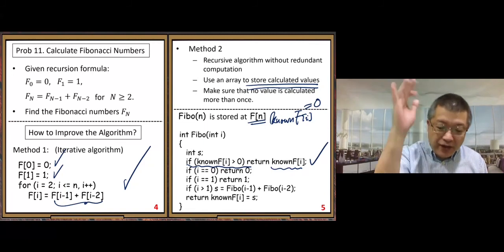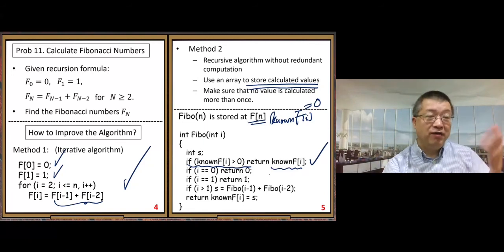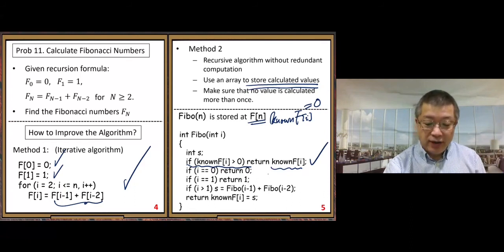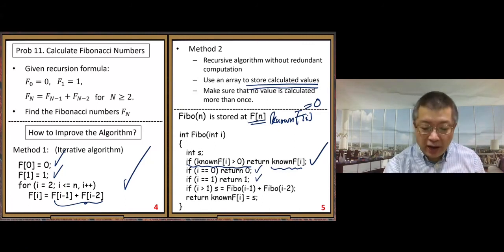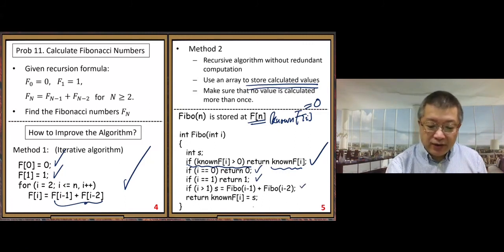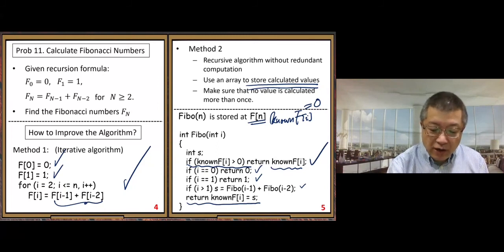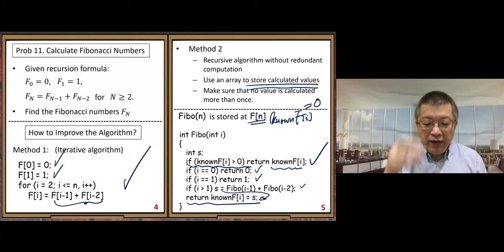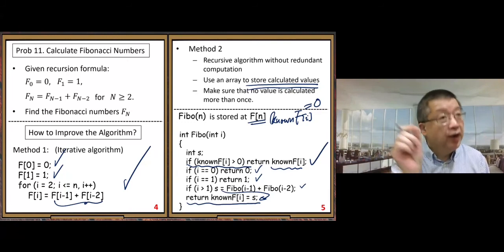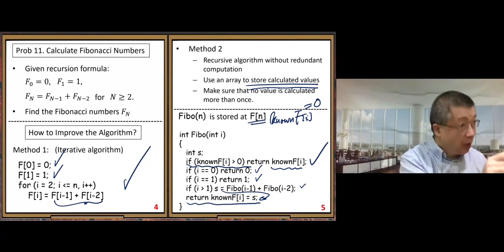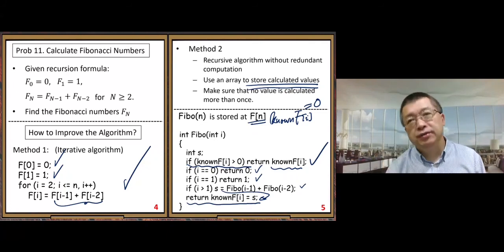All right. After that, we just run our original recursive algorithm, right? Then, when you return the value, return the known f. After you find it, you store it in the known array, then you return it. Before you return it, store it first, then return it.